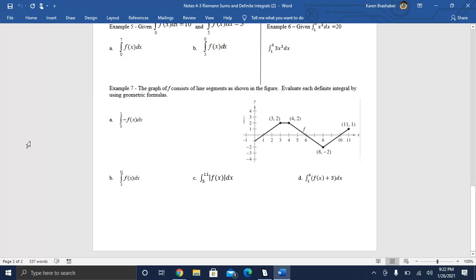You can see some triangle shapes, and you can see some trapezoids that we might use, or even rectangles. And something that you're going to need to know is that any areas that are below the x-axis are considered negative.